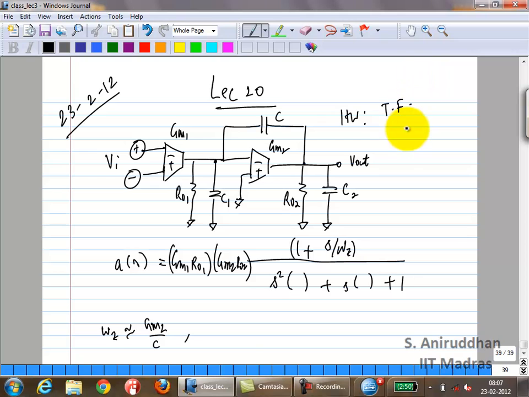I want you to calculate the transfer function, zeros and poles. Actually, looking at it, where do you think the poles are going to be? Can you say approximately? It's going to act like a Miller capacitance.